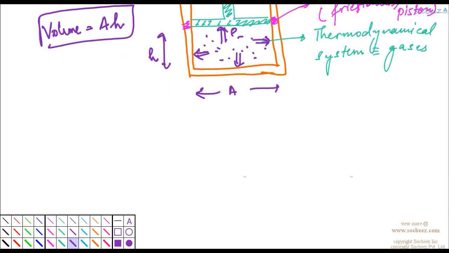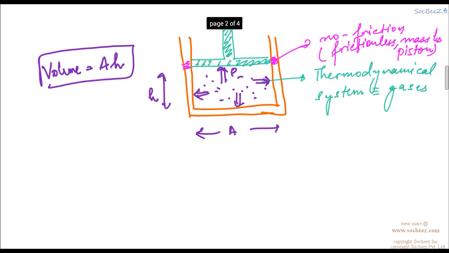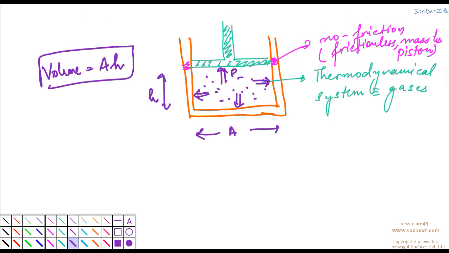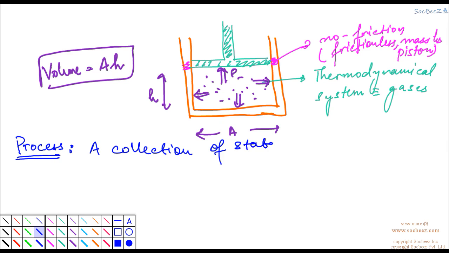Now let's try and define the work done by a gas. But first of all, we are dealing with a process. Let's define what a process is. A process is nothing but a collection of states of the thermodynamical system.